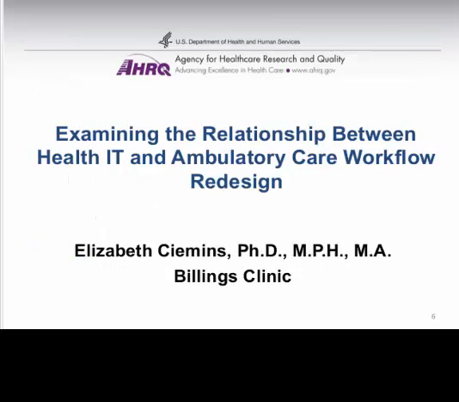Without further ado, let's move into the presentations. Our first presenter this afternoon is Dr. Elizabeth Siemens, who is a health service research scientist, research director of the Center for Clinical Translational Research, and assistant program director for scholarly activity, internal medicine residency program at Billings Clinic in Billings, Montana. Dr. Siemens also serves as part-time faculty at the University of Montana, Missoula, and Montana State University, Billings. Dr. Siemens received a PhD in Health Services and Policy Analysis from the University of California, Berkeley, and an MPH in Population, Family Health, and MA in African Studies at the University of California, Los Angeles.